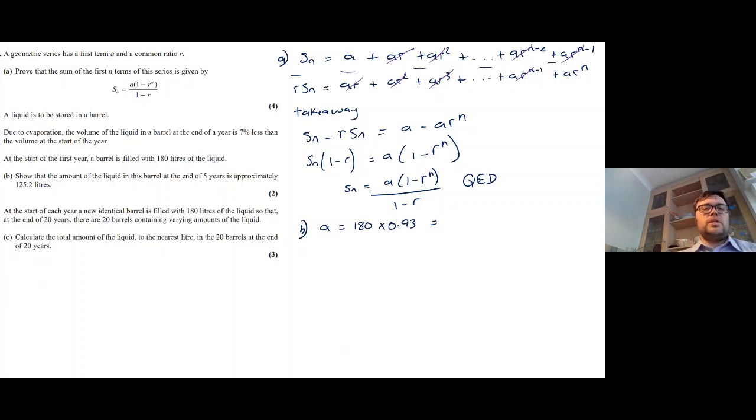So you need to do the end of year 1, which is equal to 180 times 0.93, which is 167.4. So then you're going to do AR to the n minus 1, which is 167.4 times 0.93 to the power of 4, because 5 minus 1 is 4, which is 125.2 litres.